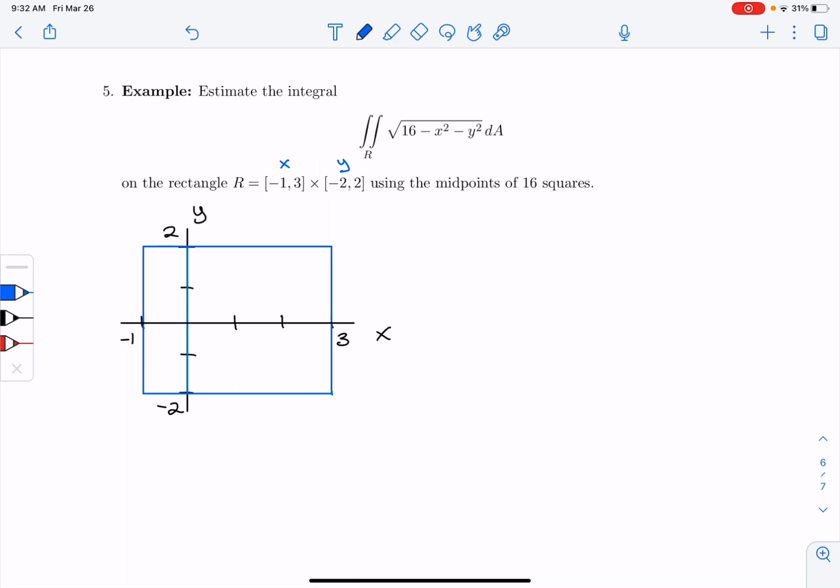within this rectangle by using the midpoints of 16 squares to define the heights of my rectangular prisms. So we're going to subdivide this rectangle into 16 squares.